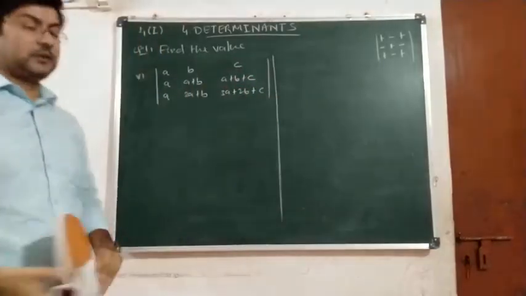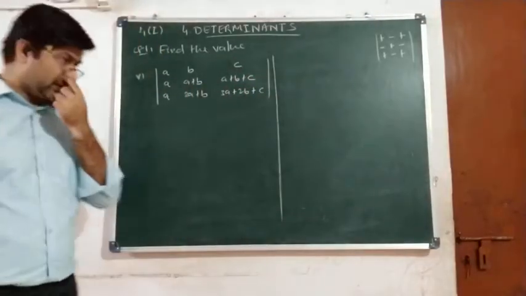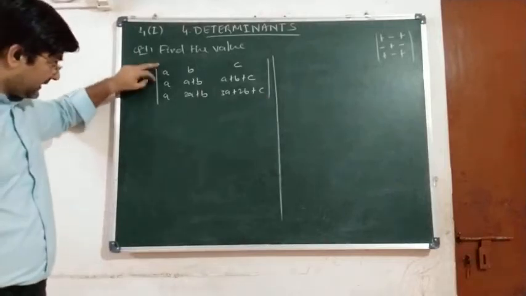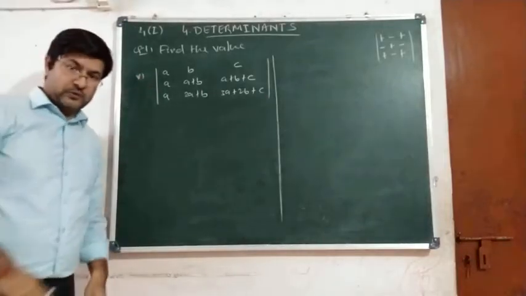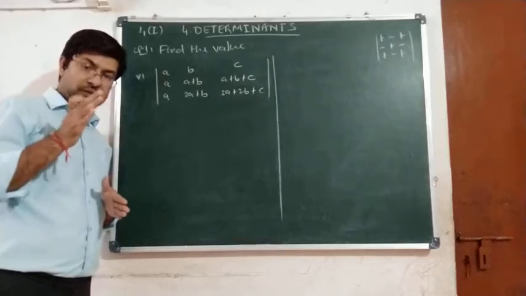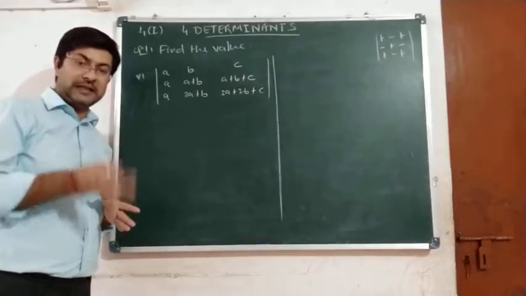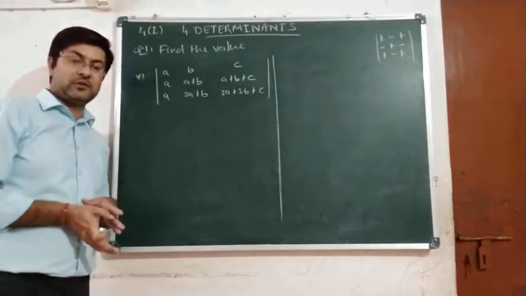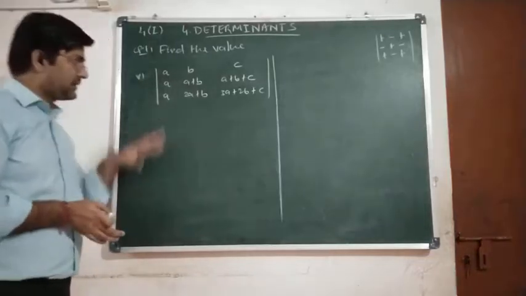Just like the previous question, if you notice, you will find 3 a's in the first column. Always, if each entry is identical in any one row or column, then you can subtract.